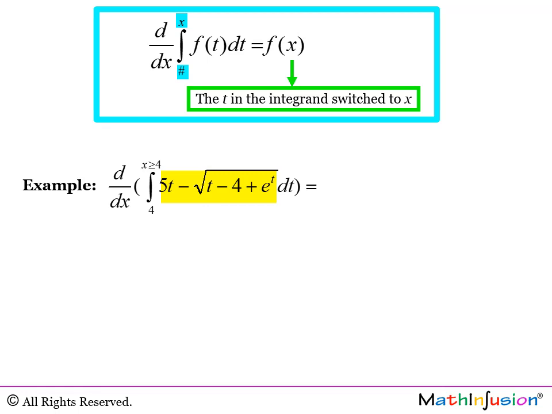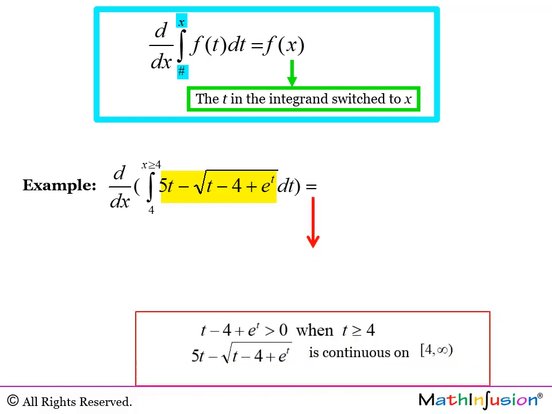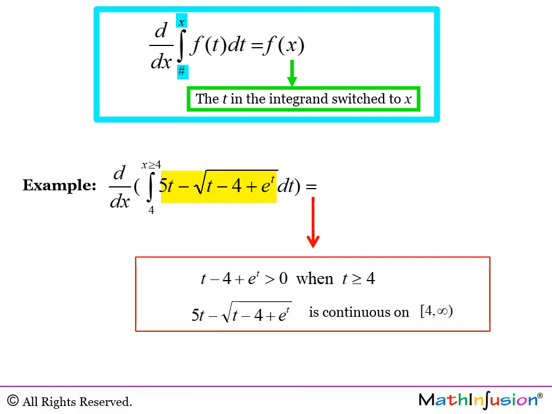We observe that 5t is always continuous, but then we have a square root. So t minus 4 plus e to the t has to be at least 0. But we know that because e to the t is always greater than 0, then t minus 4 plus e to the t is greater than 0 when t is greater than or equal to 4.